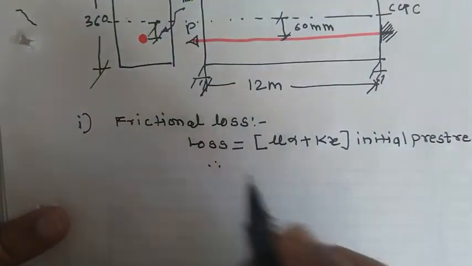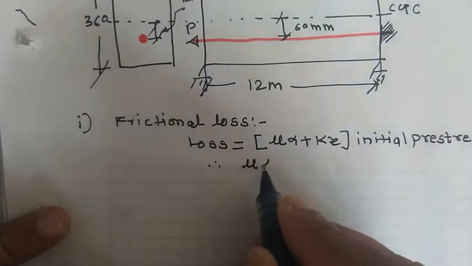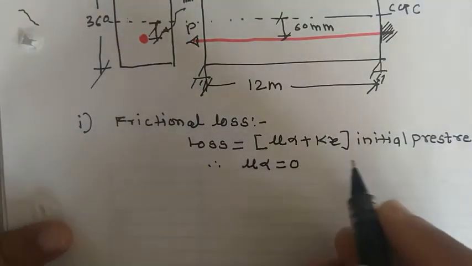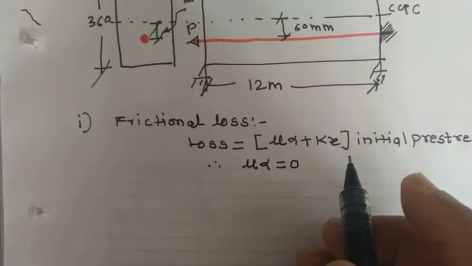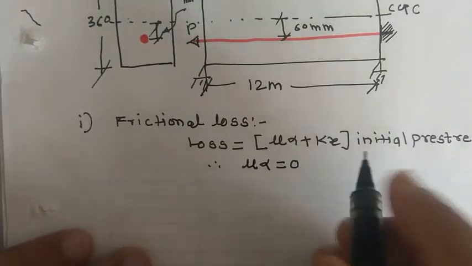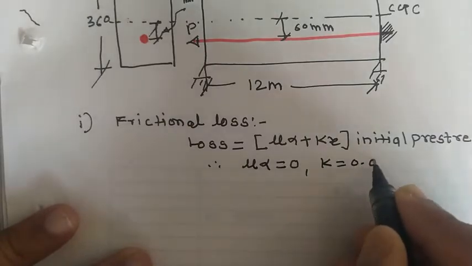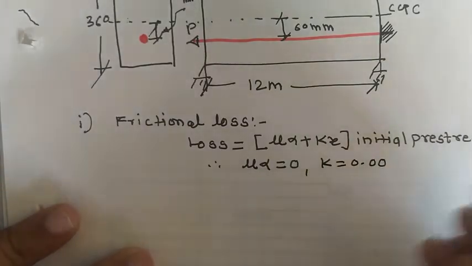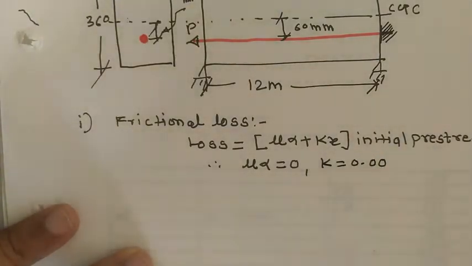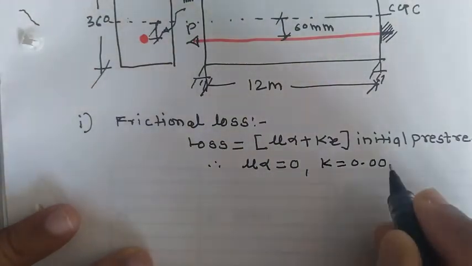The mu alpha term is 0 because the tendon is a straight tendon. The value of K is given in the question. It is 0.0015 per meter.